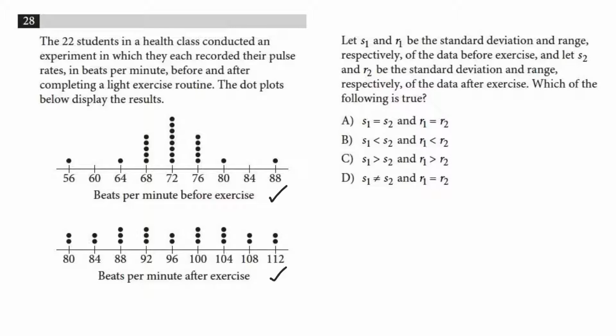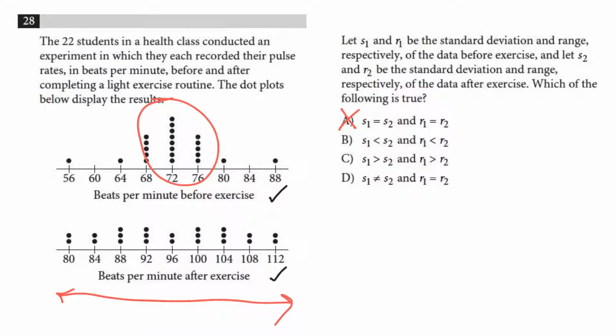So let's compare the standard deviation. Well, the standard deviation of the first data set is clearly smaller than the standard deviation of the second set. The data has a very tight grouping, whereas it's very much spaced out in the second data set. So I can just say right off the bat that the standard deviations are not equal.